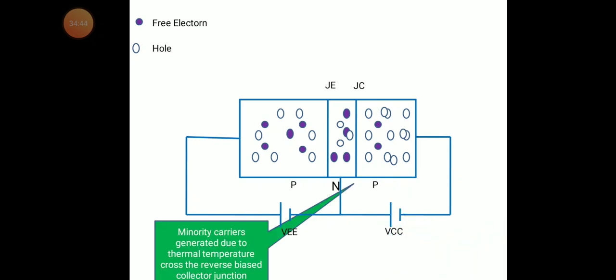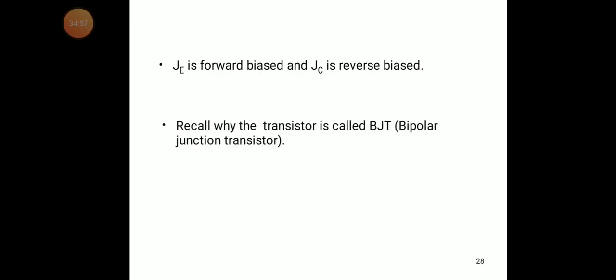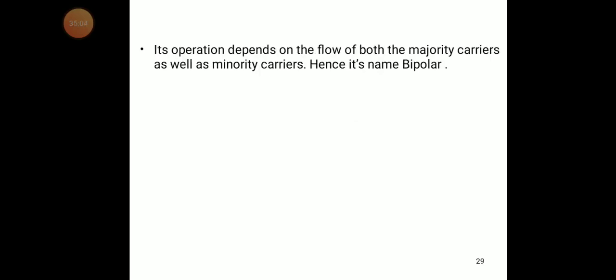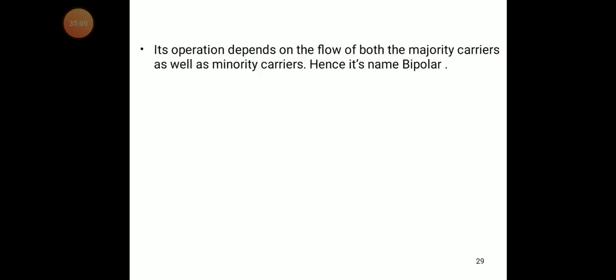Minority carriers generated due to thermal temperature cross the reverse biased collector junction. So the emitter junction is forward biased and the collector junction is reverse biased. Recall why the transistor is called BJT, bipolar junction transistor: because its operation depends on the flow of both majority carriers as well as minority carriers.